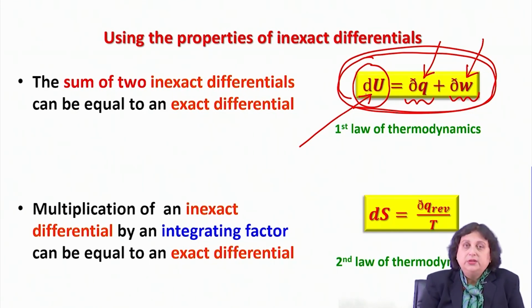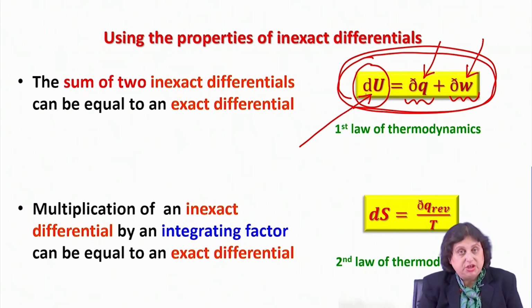You have on the left-hand side an exact differential, and you have on the right-hand side differentials of two quantities which appear only during the change in state across the wall separating the system and the surrounding, and they do not have any meaning as far as definition of the equilibrium state of the system is concerned.